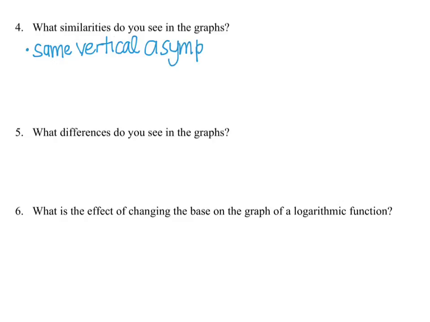So if you don't remember what this word means, asymptote, an asymptote is just a line the graph gets really close to. So we could think about this as kind of being a boundary line for my graphs.